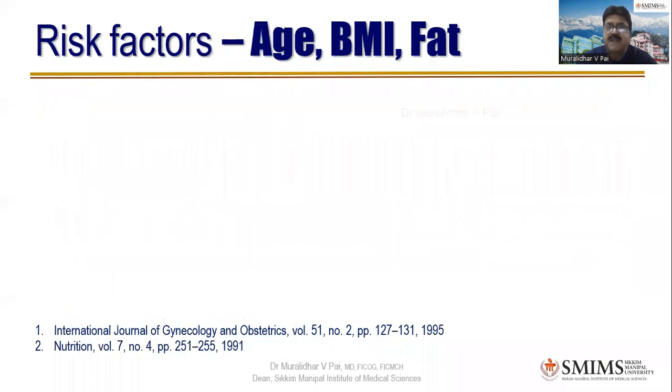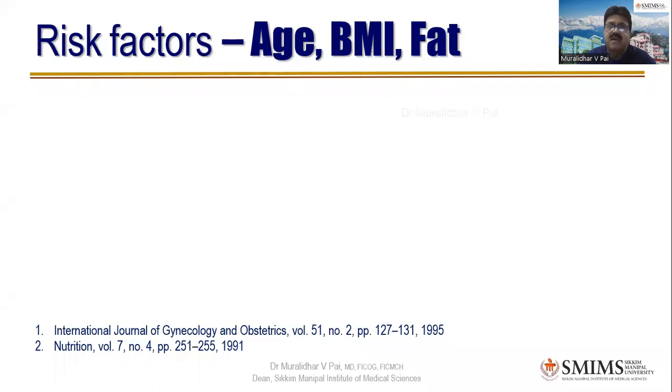The next thing is age, BMI, and fat. Of course, we all know how fat and BMI can affect. We know that there is peripheral conversion of androgens into estrogens in women with obesity. That's where, again, they may have higher estrogenic levels. As age advances, also, the estrogen increases.